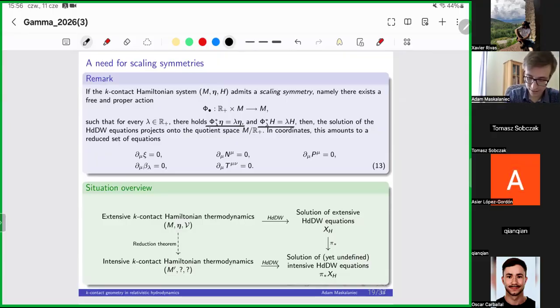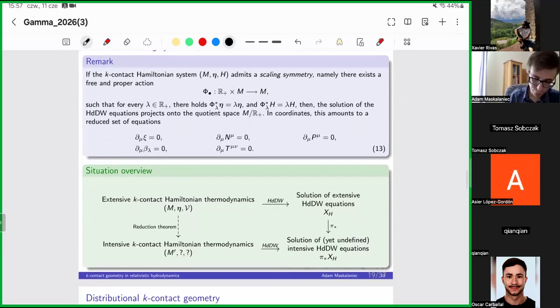Then in coordinates, it turns out that we may calculate that our solution of these k-contact Hamilton-de Donder-Weyl equations is a k-vector field that is projectable with respect to this scaling symmetry, and then it corresponds to our original set of equations.